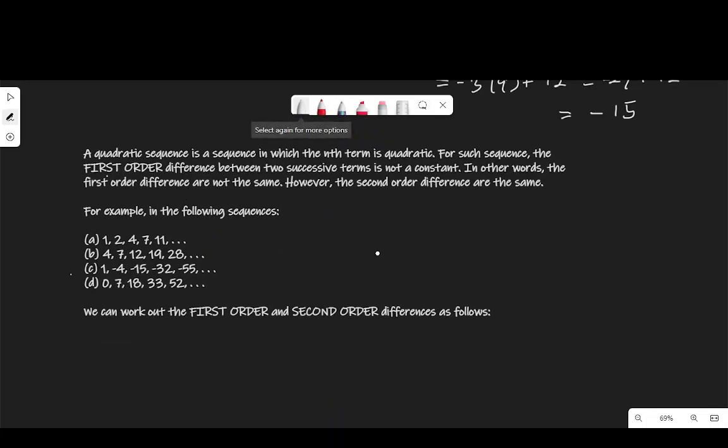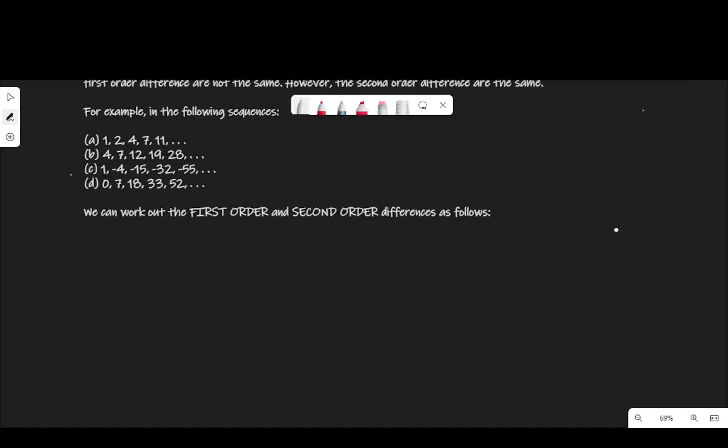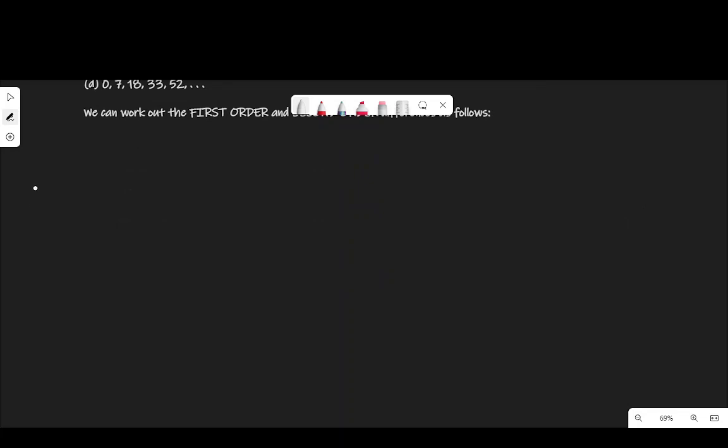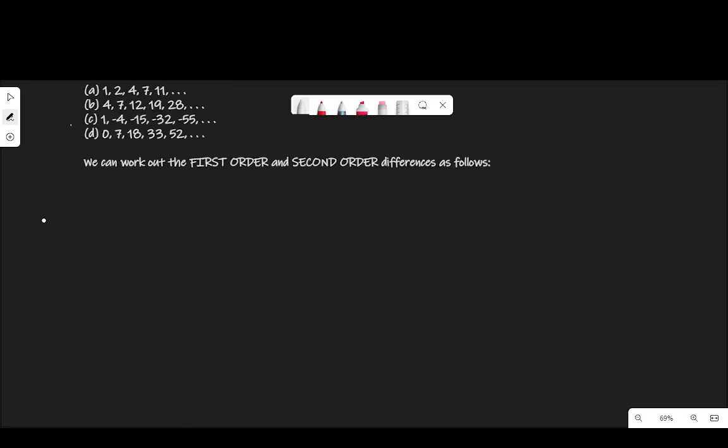Okay, for the last one, I have 0, 7, 18, 33, and 52. So again, I'll prepare my table here, n, and then the term of the sequence.